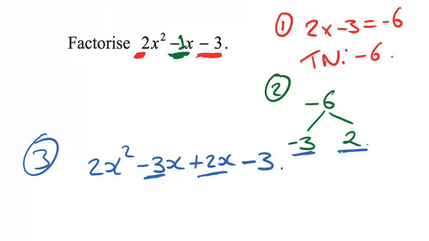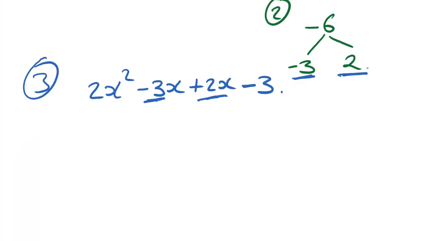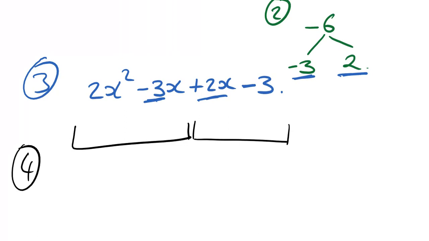Step number 4. We're now going to factorize in a linear fashion, what you've been doing in previous years, two different halves of this particular quadratic. So we're going to take that part and that part, and we are going to factorize them.